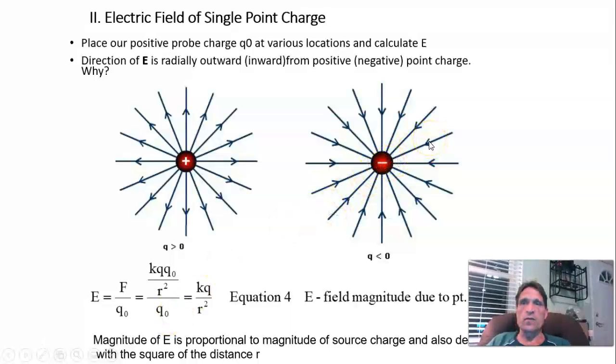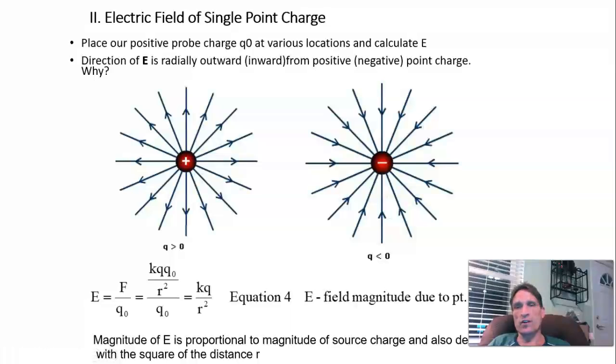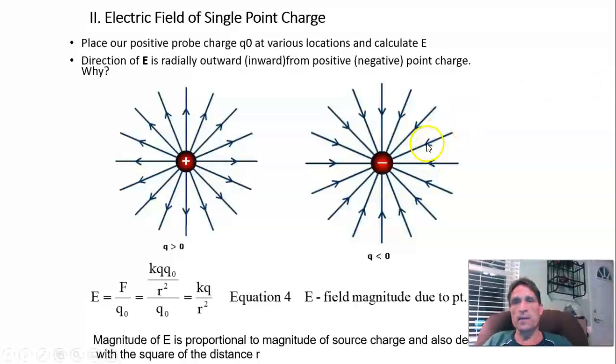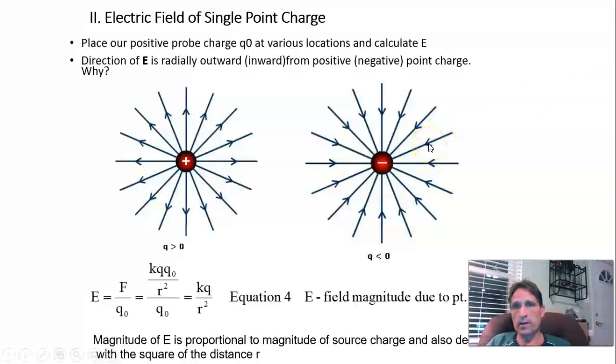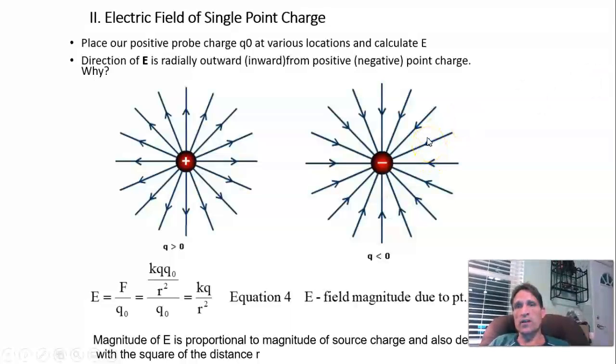That's because, remember, the field lines are in the direction of the force exerted on a positive test probe, and the positive probe charge placed anywhere will be attracted to the negative source charge. So this illustrates one important example: field lines always go away from positive charges because the probe charge will always be repelled, and the field lines produced by negative charges will always go toward the negative charge.